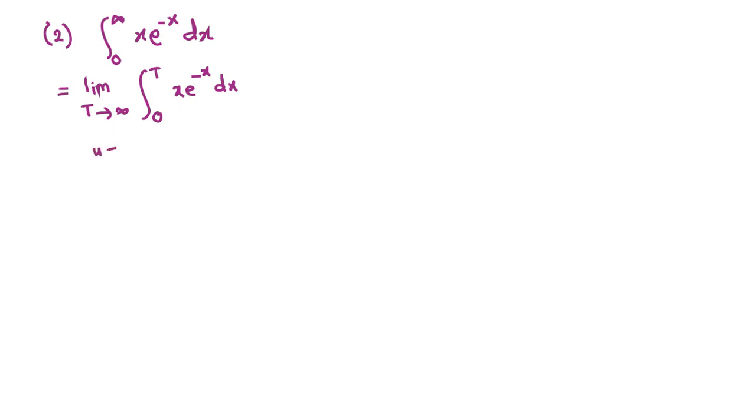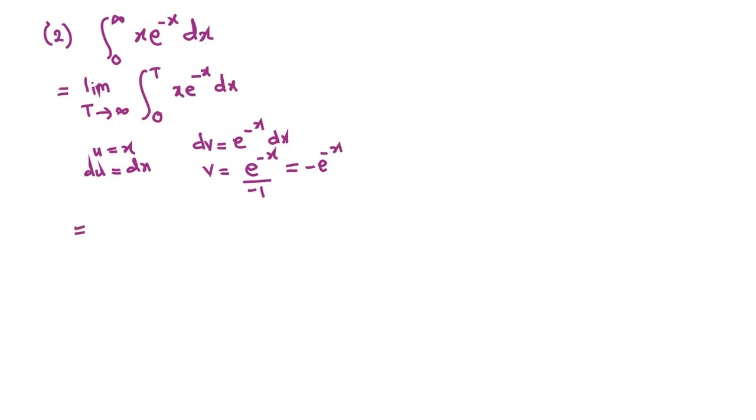Let u equal x, so du equals dx, and dv equals e to the negative x dx. So v is the integral of e to the negative x, which is e to the negative x divided by negative 1, that is, negative e to the negative x.